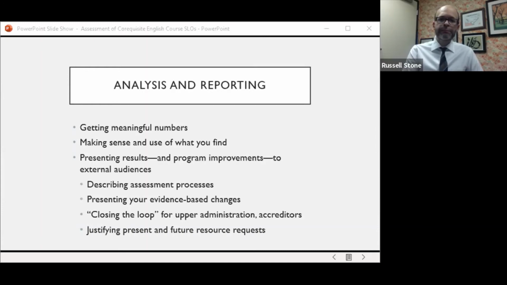And then 3, can you tie the reporting and the analysis to other institutional assessments? So in my case, I look at who's tracking DFWI rates in gateway courses. That's a big topic right now, and I know that we have individuals doing that.